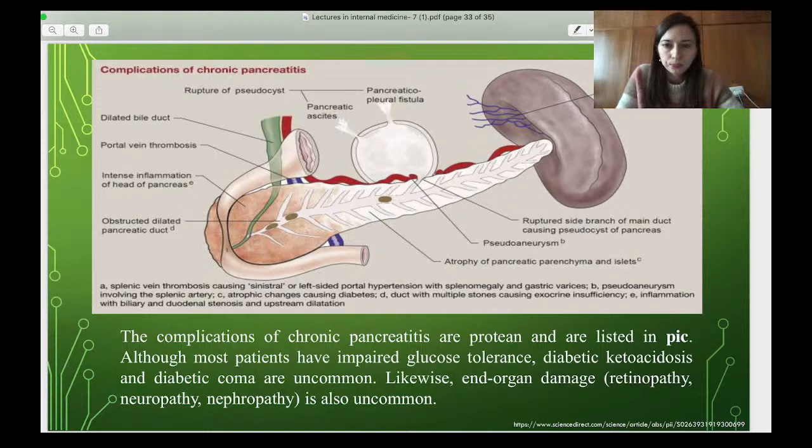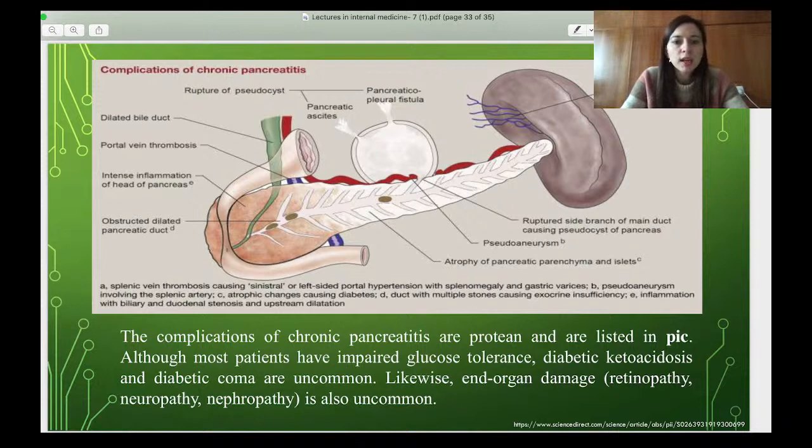And some information about complications of chronic pancreatitis. You may see on this picture: rupture of pseudocyst, pancreatic ascites, pancreatic pleural fistula, dilated bile duct, portal vein thrombosis, intense inflammation in the head of the pancreas, obstructed dilated pancreatic ducts, and similar complications.